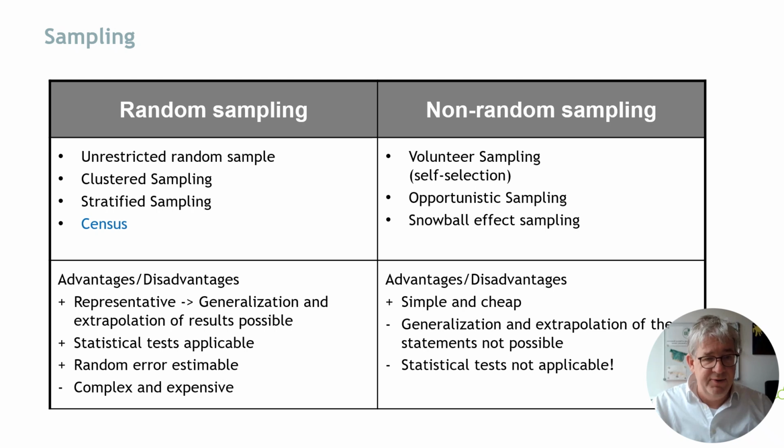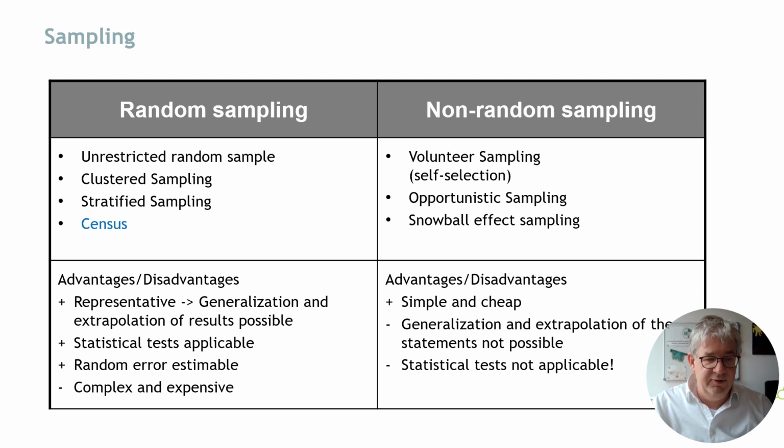The advantage of random sampling versus non-random sampling is of course that we have representativeness, so that we can generalize the data and extrapolate up to the whole population. We can also do some statistical tests to see if the results are significant, and we can also calculate random error or statistics data on this.